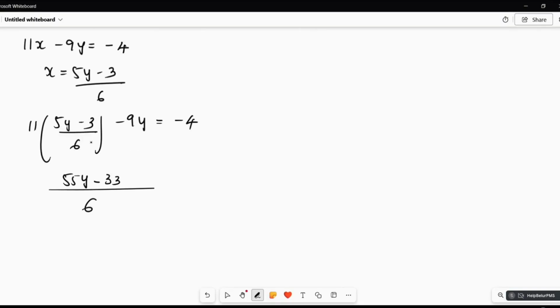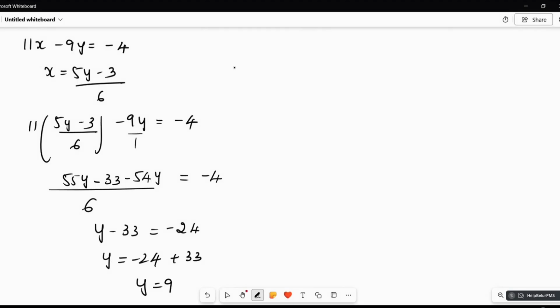Here 6 into 9 is equal to minus 4. 55 minus 54 will be y. Y minus 33 will be equal to 6 into 4. So we get y is equal to 9, and x is equal to 7. So fraction will be 7 by 9.